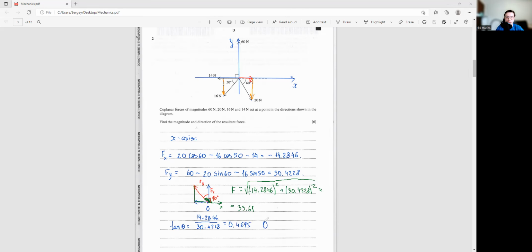And then I will have to take the inverse tangent of that. Okay, and that equals 25.15. So finally, the angle is going to be 90 degrees plus 25.15, which is 115.15.